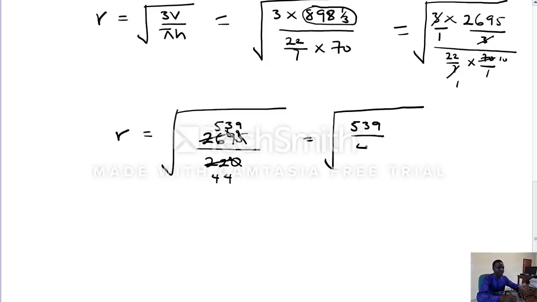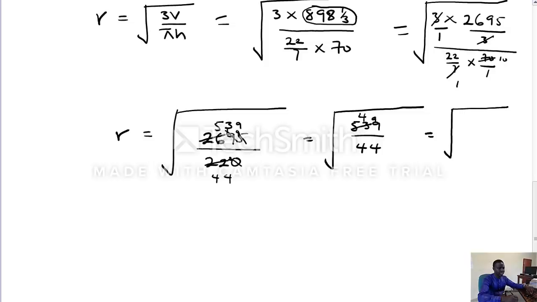539 divided by 44. Okay, we have reduced it to square root of 539/44, and looking for factors that can go into 539 and 44. 2 cannot go, 4 cannot go, but looking at it, I think 11 should go. 11 into 53 will go 4 times, because 4 times 11 is 44, remainder 9.